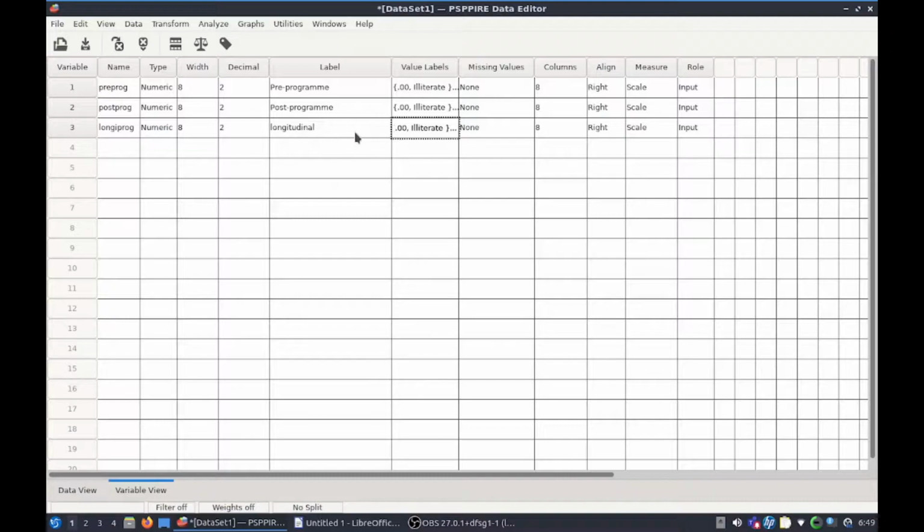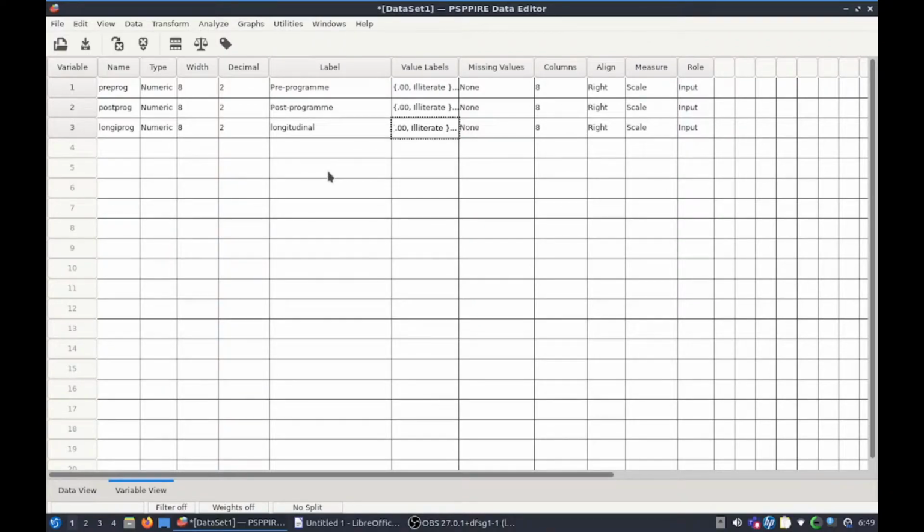We want to find out whether the literacy program has had an impact on the level of literacy among the respondents. The post program variable measures the level of literacy immediately after the program has concluded, probably about a week later or so. The longitudinal variable measures the level of literacy among those 20 respondents after 3 years, which is why it's called longitudinal.